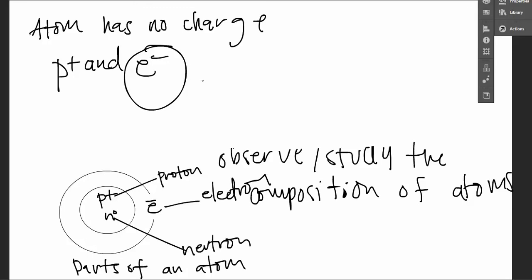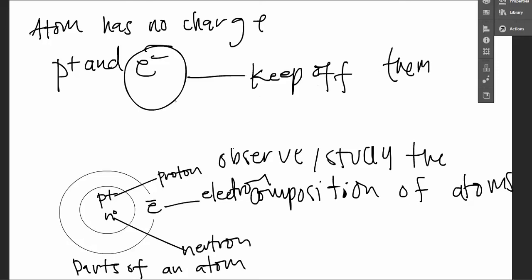The electrons keep flying away from the nucleus.